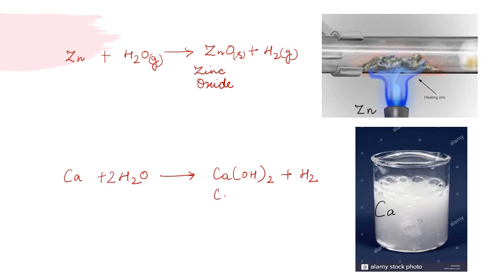This is calcium hydroxide. So we have seen that zinc reacts with the steam of water and forms zinc oxide and hydrogen gas, whereas calcium reacts in a less vigorous manner with cold water to form calcium hydroxide and hydrogen gas.